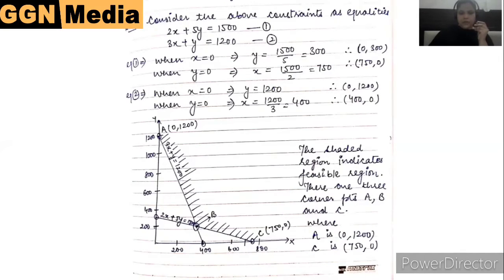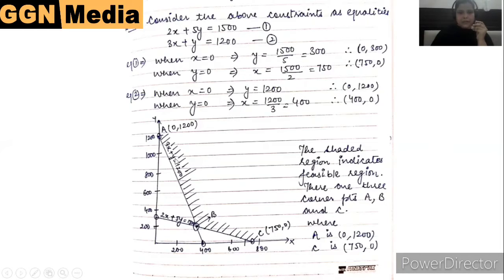Now, the sign of the constraints were greater than equals to. So for first constraint, the area which satisfies the first constraint is outward area of this line.